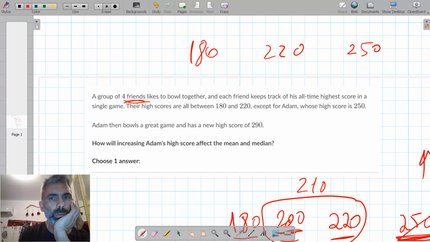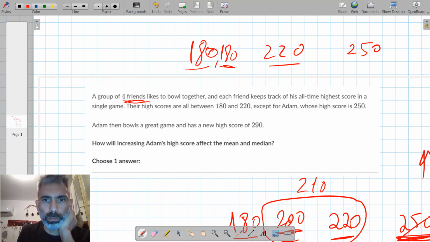250, and let's say the third is between these two numbers. Let's say that the third is closer to 180. Let's say that the third is also 180. So we have two friends with the same score of 180, and the third has a score of 220.